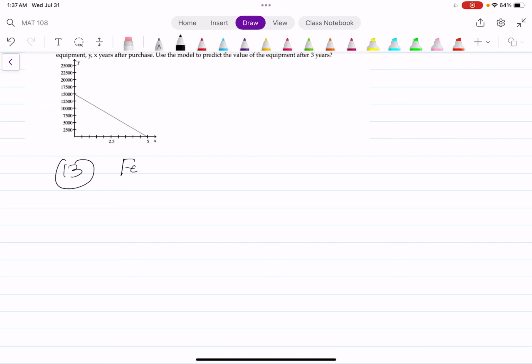For 2 points, the first set of coordinates is x1, y1. Excuse me. The second set of coordinates is x2, y2.